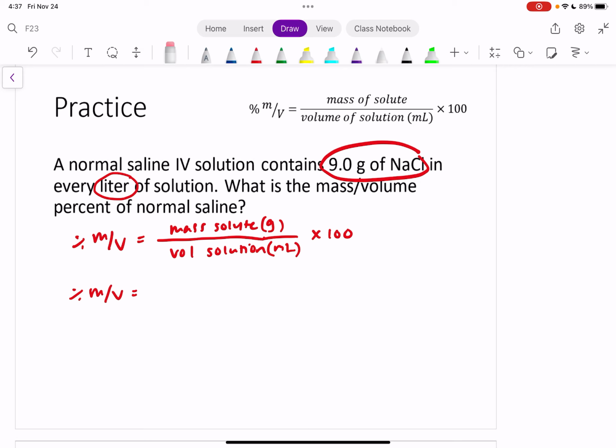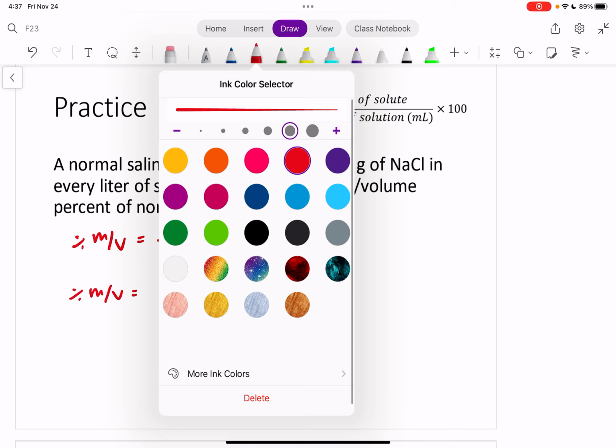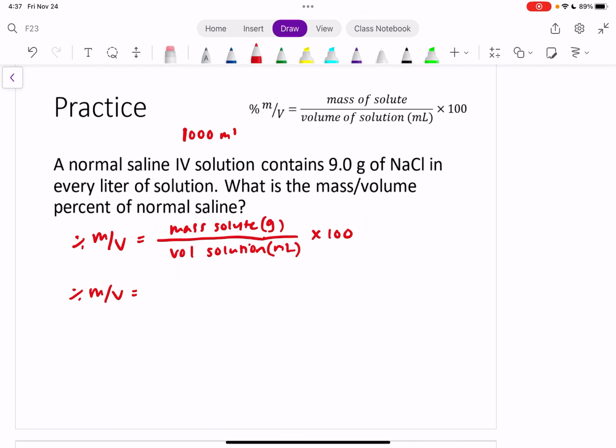I knew that we had a liter of solution because in every 1 liter of solution there are 9 grams of NaCl. But this specifically asks for volume in milliliters. That's the convention for these mass by volume percent calculations. So if you're given liters, you have to convert to milliliters. We know there are 1,000 milliliters in 1 liter, so if we have 1 liter of solution, we have 1,000 mL.